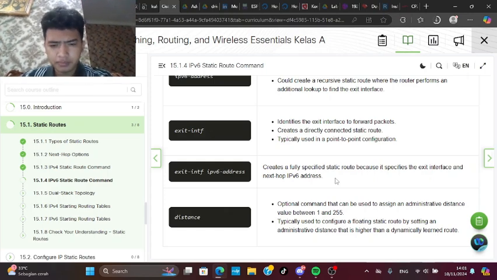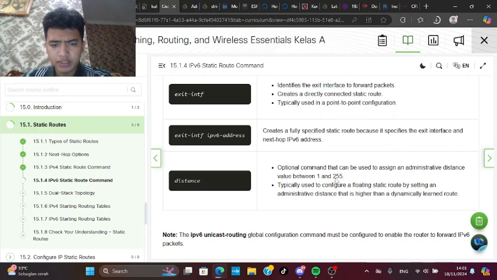We have distance also, which is an optional command that can be used to assign an administrative distance between 1 and 255, and we typically use it to configure a floating static route by setting an administrative distance that is higher than the dynamically learned route.